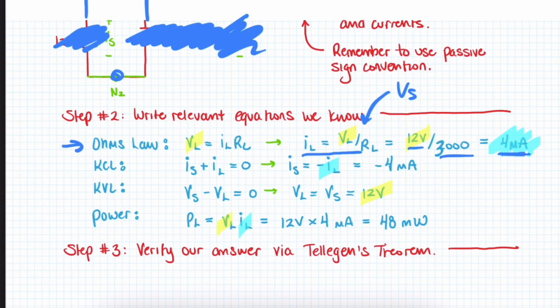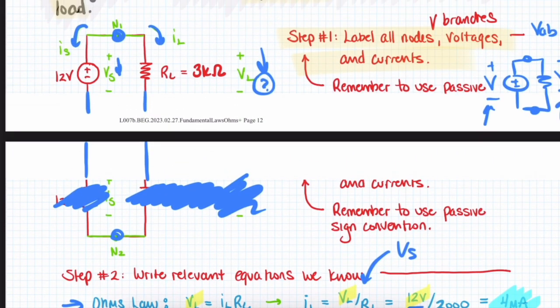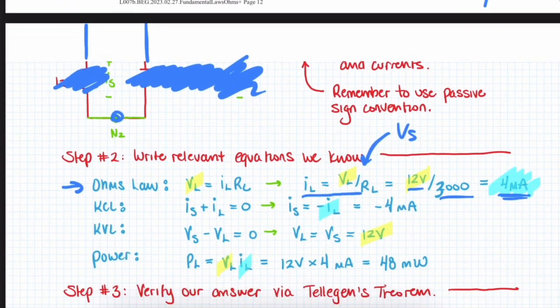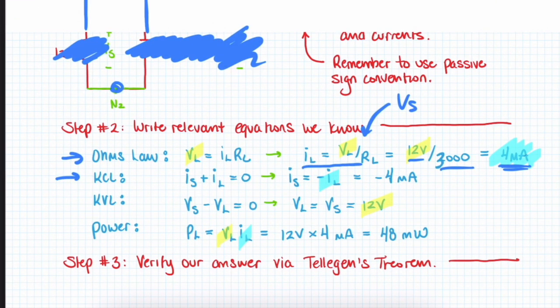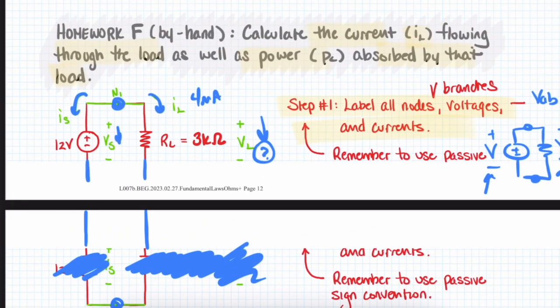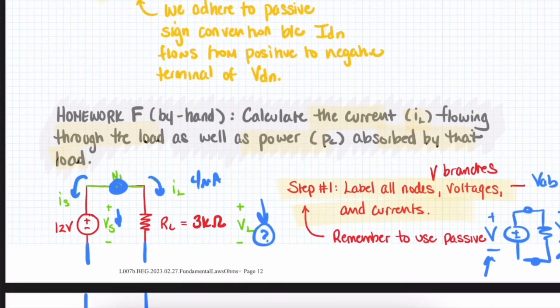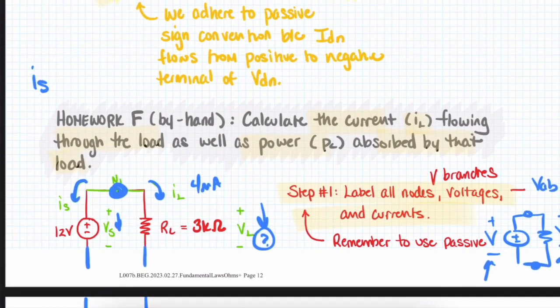So we end up with 4 milliamps. So we have 4 milliamps flowing in that direction. We can use then KCL to solve for IS. We're applying KCL at this node right here. We know that IS plus IL equals 0.